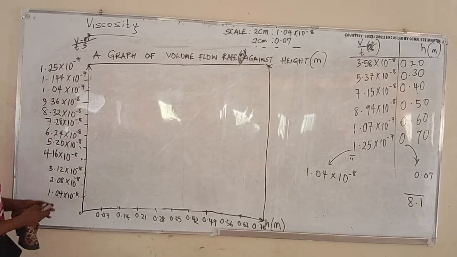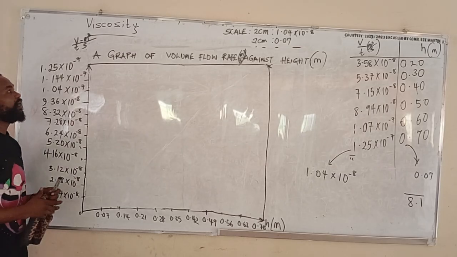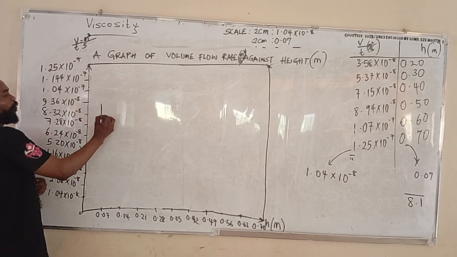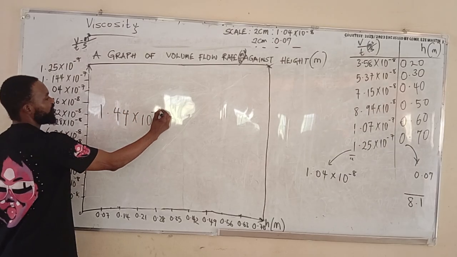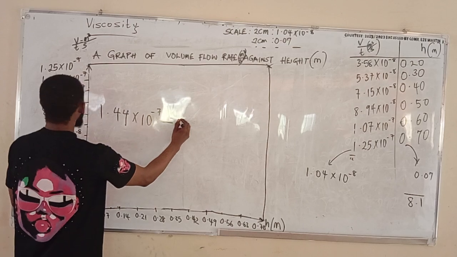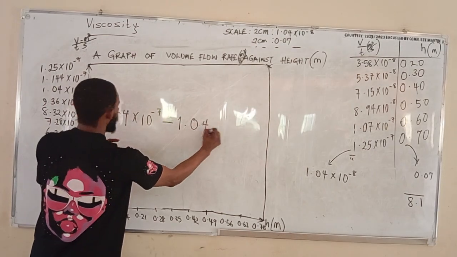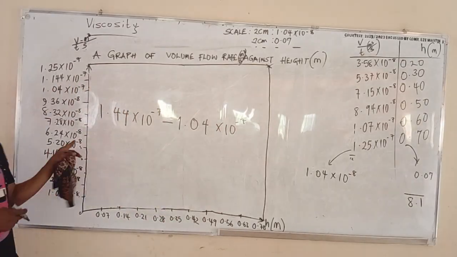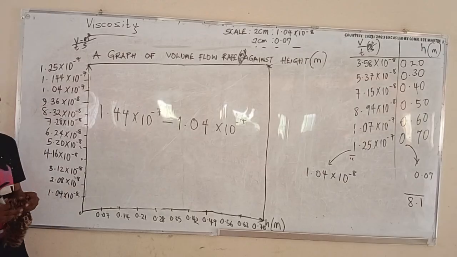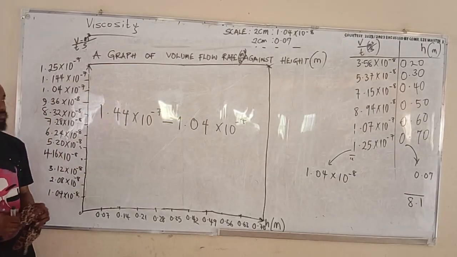If I check, please watch. No noise here. If I do 1.44 times 10 raised to the power minus 7 minus 1.04 times 10 raised to the power minus 7, I'm just trying to check something. We can just do it by multiplication, but let's see the visual or mental aspect of it. Do this subtraction for me, let me see what you have.